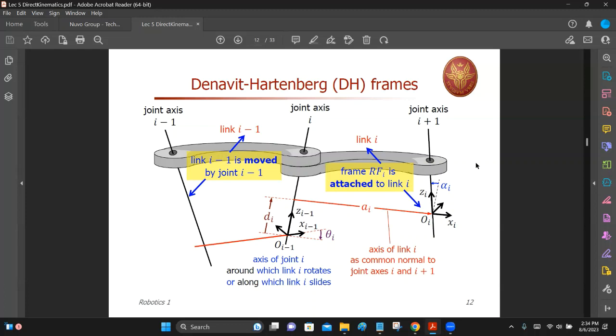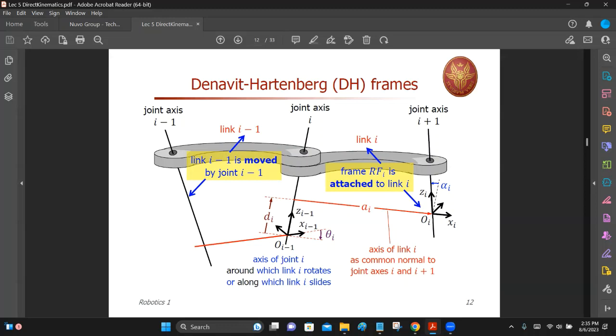Now, as I always say, the link follows the joint. So we have to first declare the joint and then the link, right? Joint and the link. How do we define this joint? Well, it is using the joint angle and joint offset displacement.